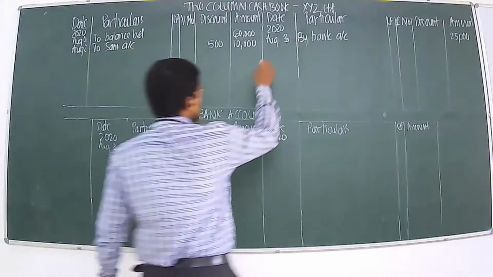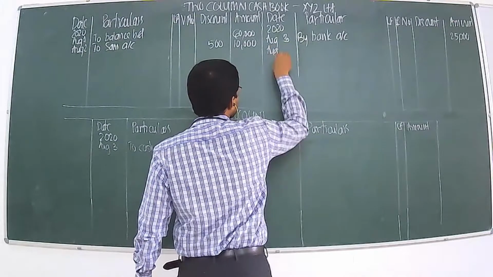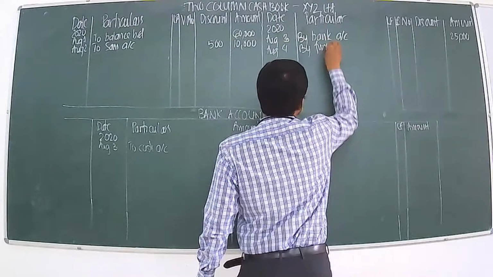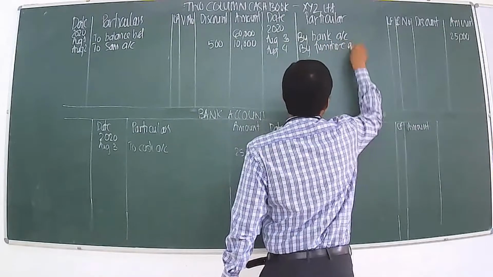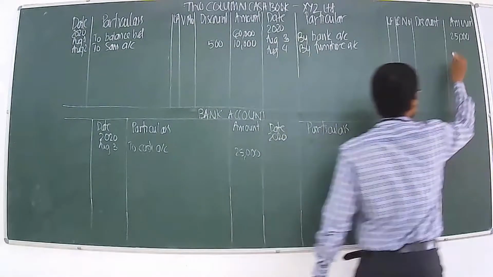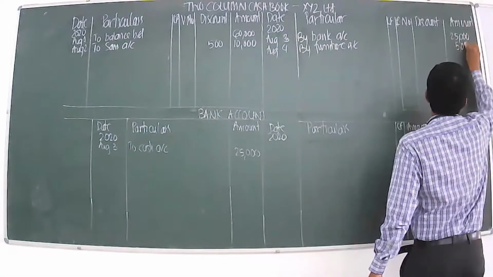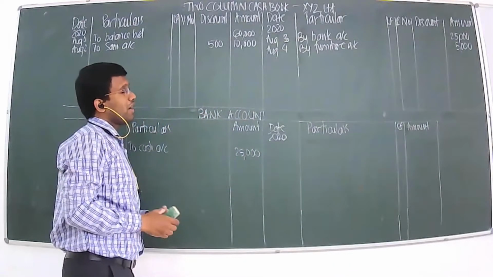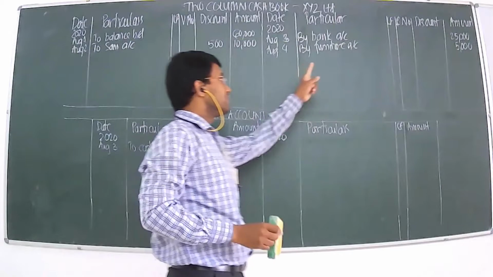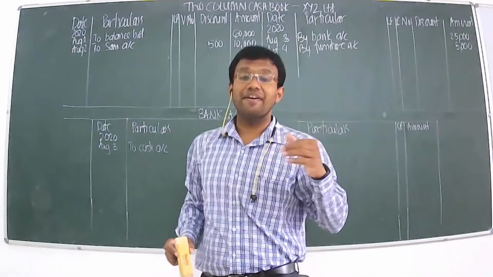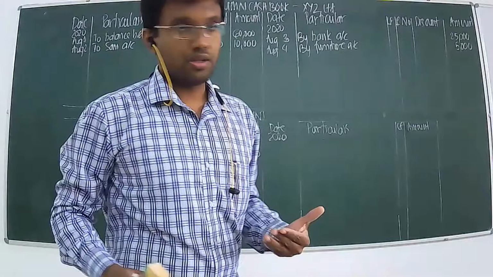So how exactly would we go about the entry with this? August 4th, by furniture account, and the amount is 5,000. But one very important aspect that you have to remember at this point of time is that when you write the entry like this, it only signifies that you have bought furniture.